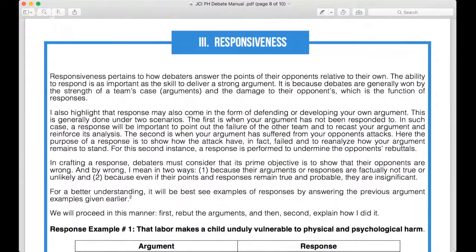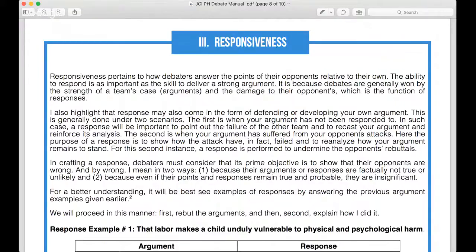So how do you respond? In crafting responses, debaters must consider that the prime objective is to show that their opponents are wrong, either one, they're wrong, or they're irrelevant. In your module, we say that there are two ways. But before that, I'd like to add another one.